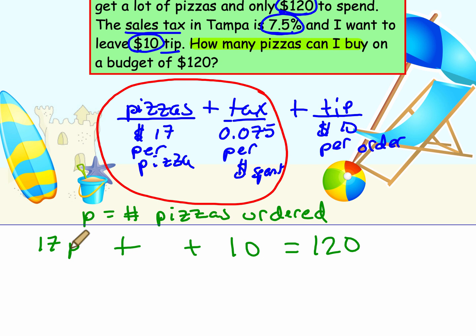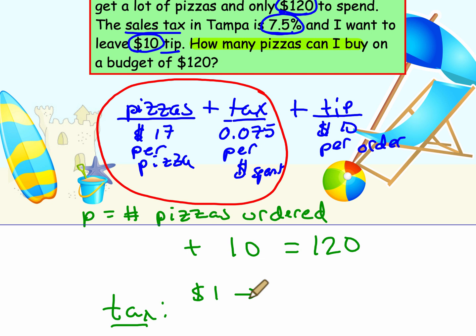So that means if I get 1 pizza, 17 times 1 would be $17. 17 times 2 would be 34. 17 times 3, etc. Then I have to pay taxes, right? Let's say something costs $1 and I have to pay 7.5 cents for sales tax.